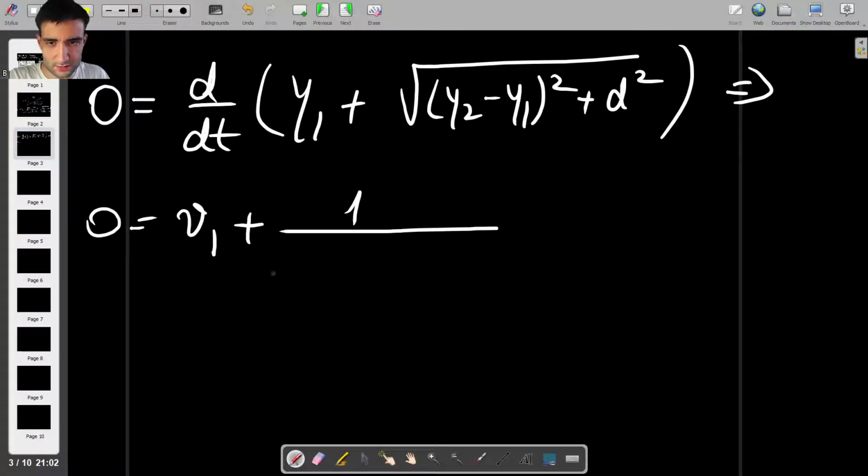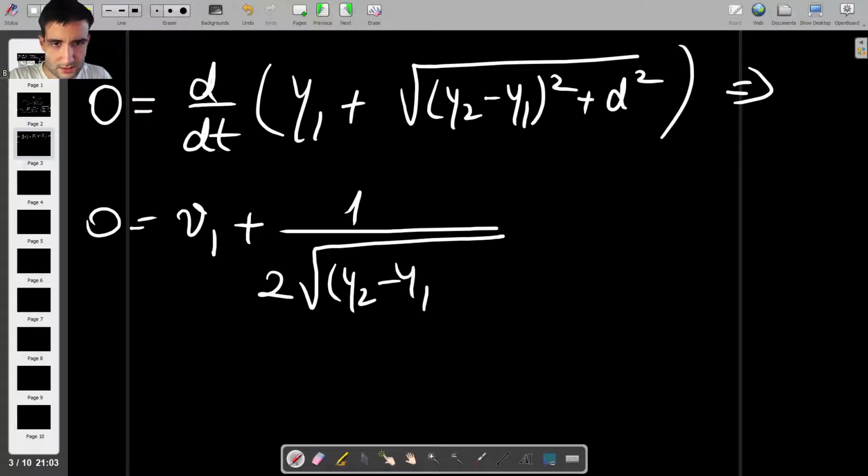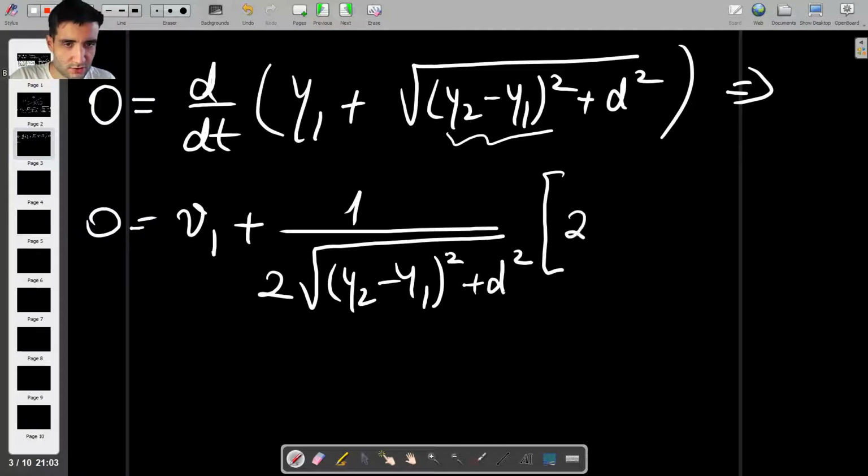and we do that using the usual formula, which is this, and then of course we have to apply the chain rule. So I'm going to make some square brackets, and now we have to differentiate what's inside that square root. So we have this, which is 2 times (y2 minus y1), and we apply the chain rule again to differentiate what's inside the bracket.